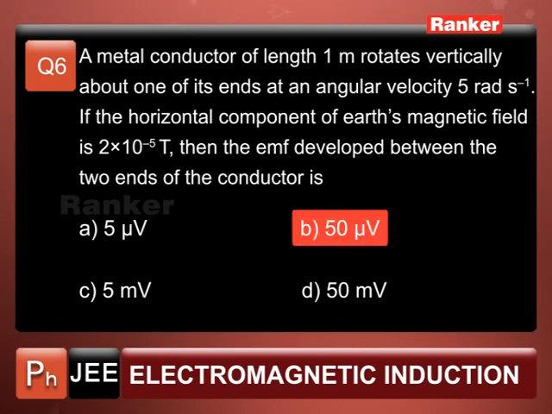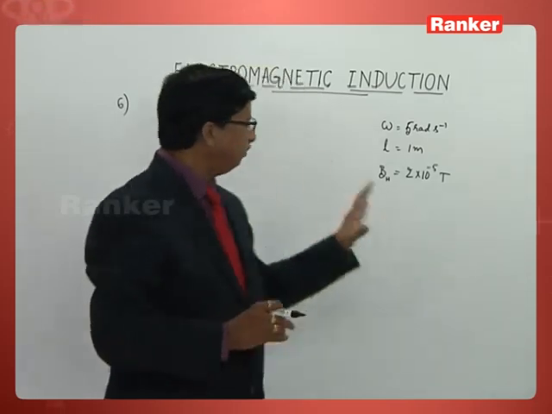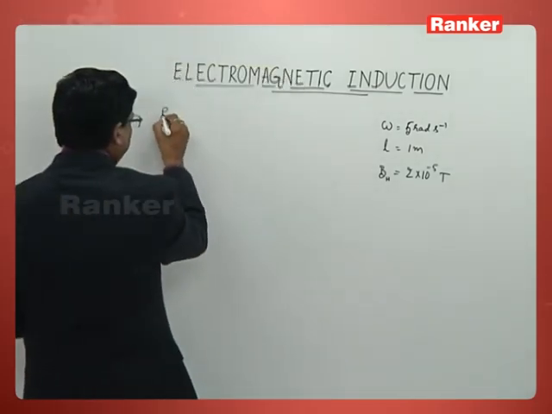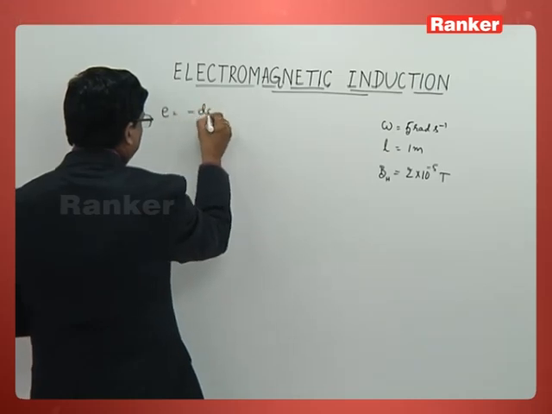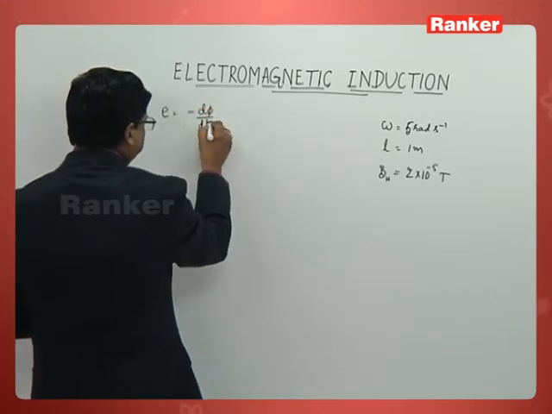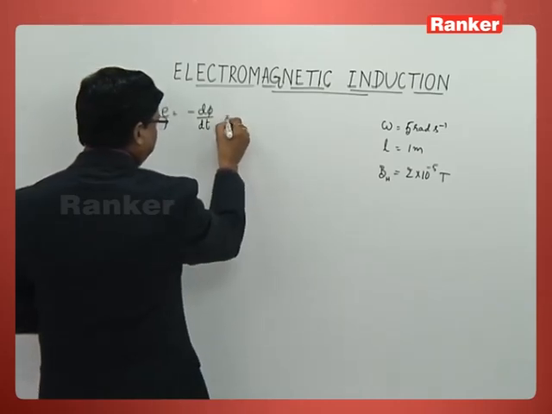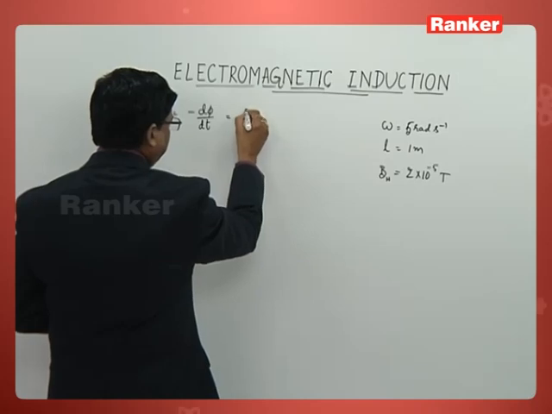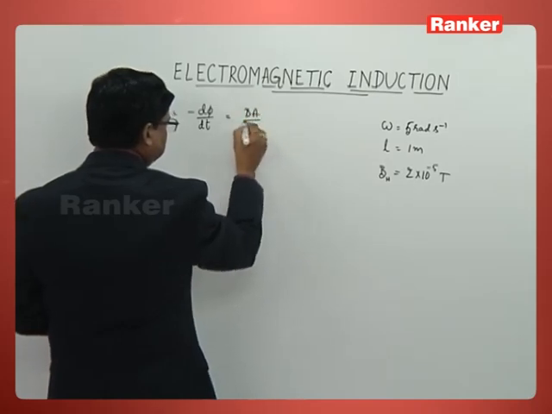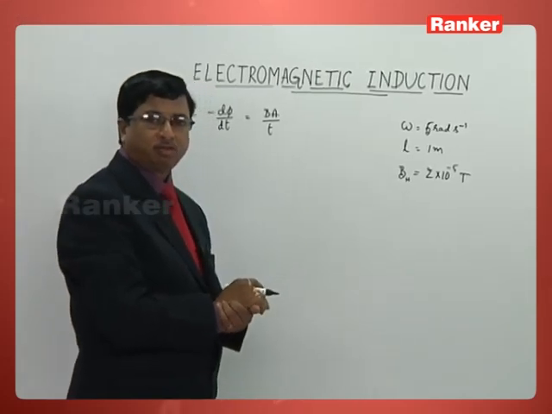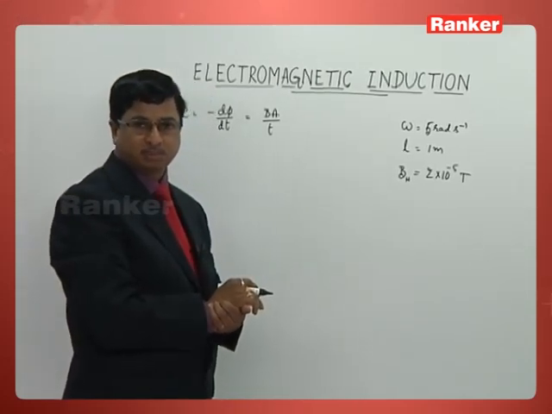In this particular problem, let us first check what the general formula for E is. No doubt, d phi by dt. But we can rewrite the same thing this way: I can take this as BA by T, phi being B into A, BA cos theta. That is actually the concept.